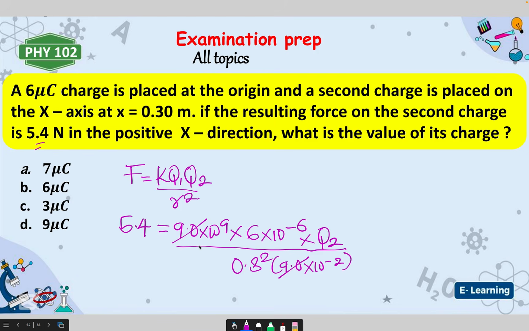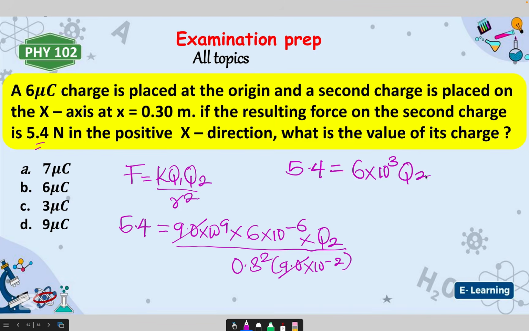Is that okay? Exactly. So what you'll be left with is 10 raised to the power of 9 minus this, so here 5.4 will be equal to this, and this will give us 6 times 10 raised to the power of 3. Are you getting it?